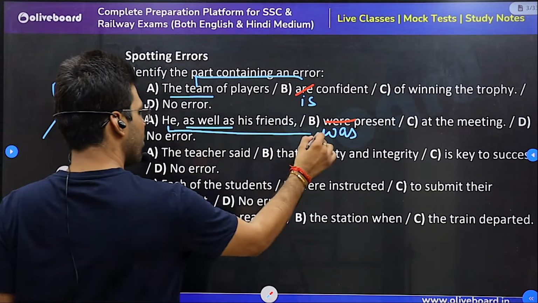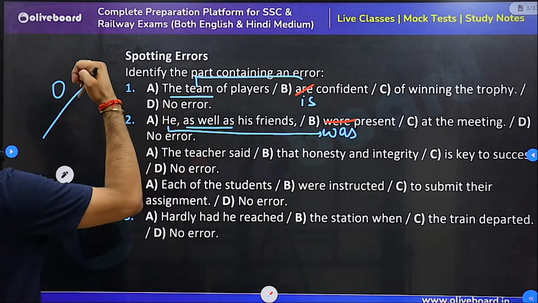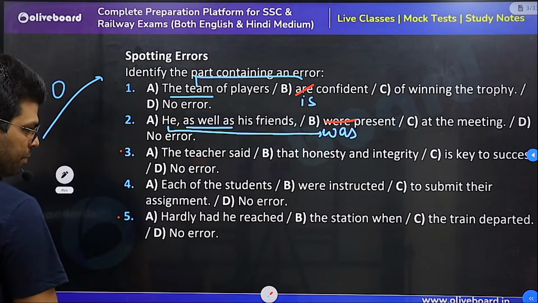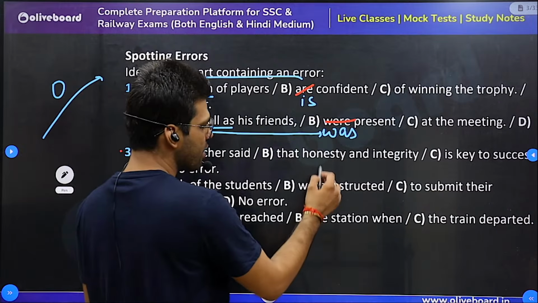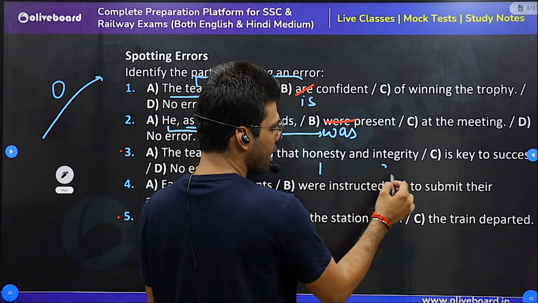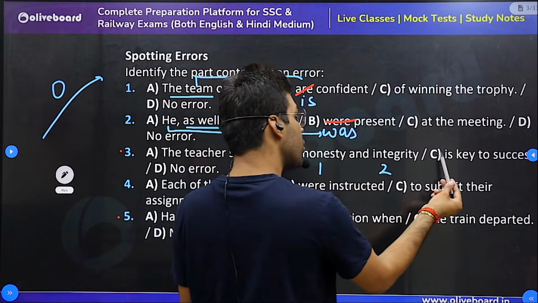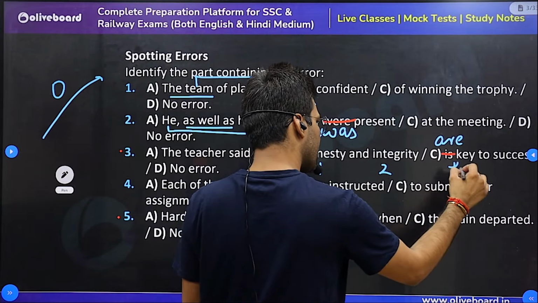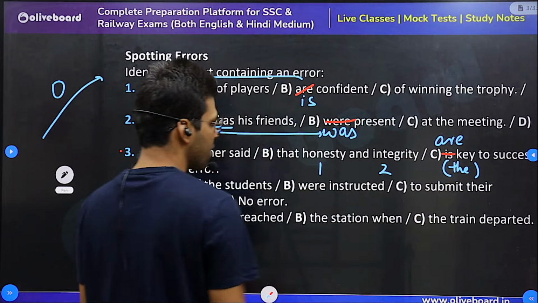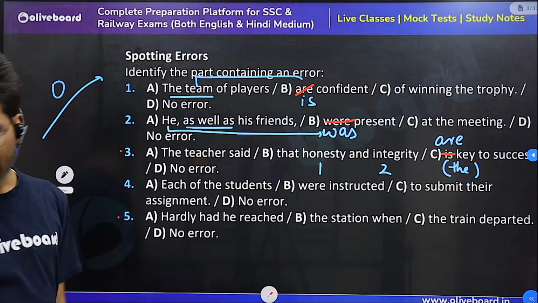So he was present. Doesn't matter what the second term is. Honesty is a different concept, integrity is a different concept, and for two things we use a plural verb. Yes, that will be a mistake, the key to success, but that's the blunder, because honesty and integrity cannot be the same.